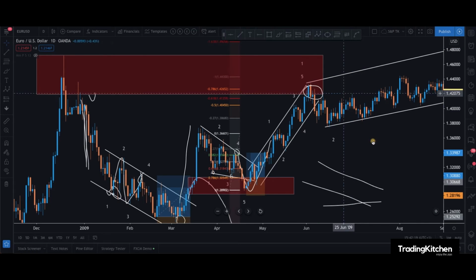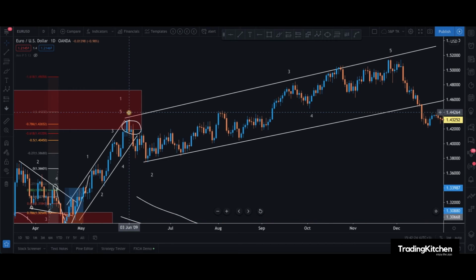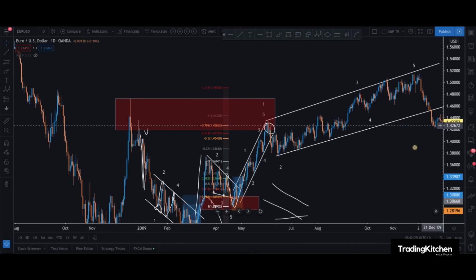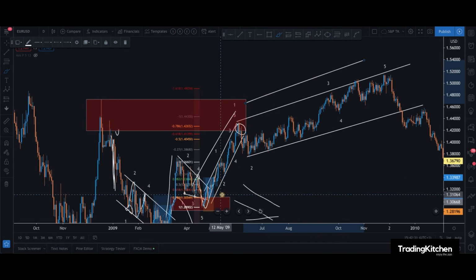Okay, let's move again. Here we have impulse up, channel up. So this is 0, 1, 2, 3, 4 and 5.